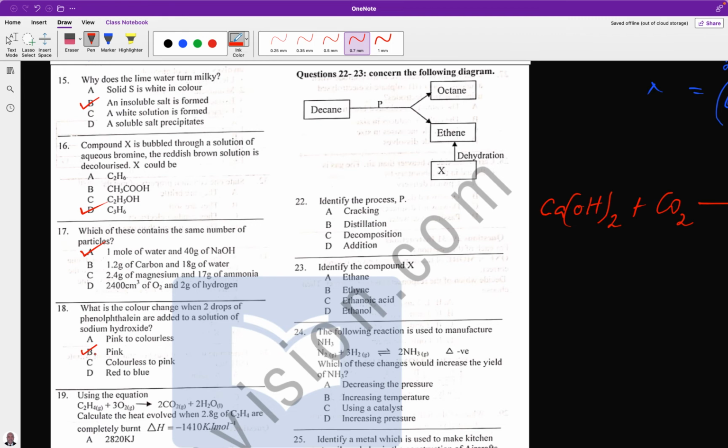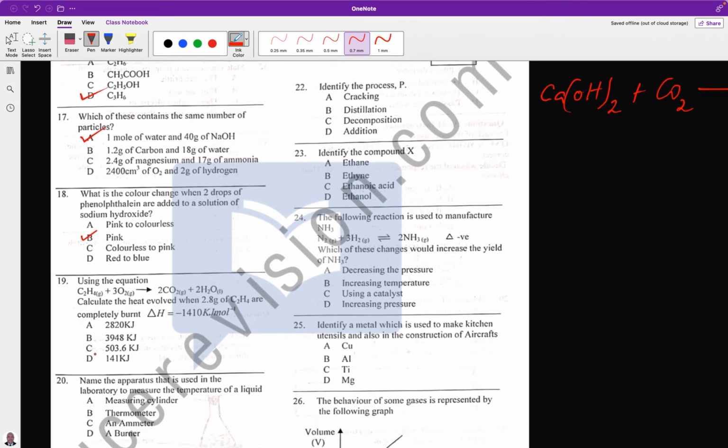Number 19. Use the equation ethene plus oxygen to give carbon dioxide plus water. That is enthalpy of combustion, and we are told to calculate the heat evolved when 2.8 grams of ethene are completely burnt.